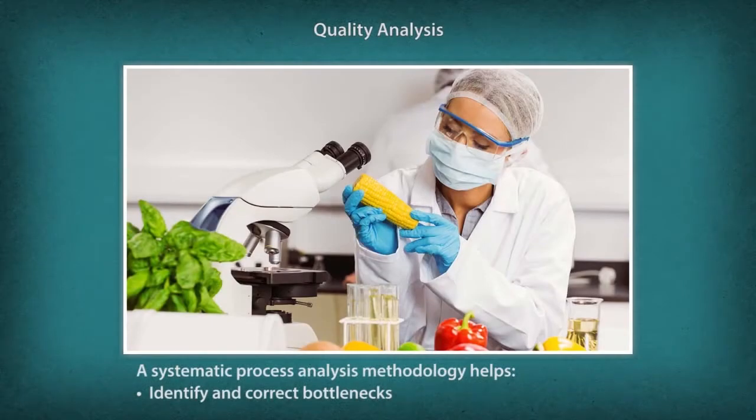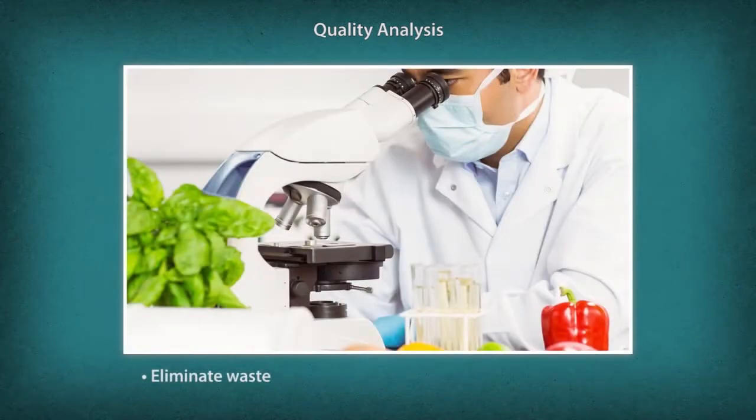Quality analysis. Quality analysis process is important because there is a constant change in new reality in the world. A systematic process analysis methodology helps identify and correct bottlenecks and helps in eliminating any waste.